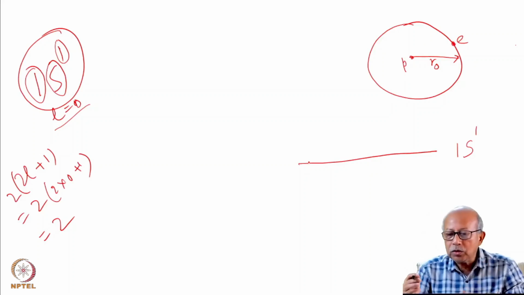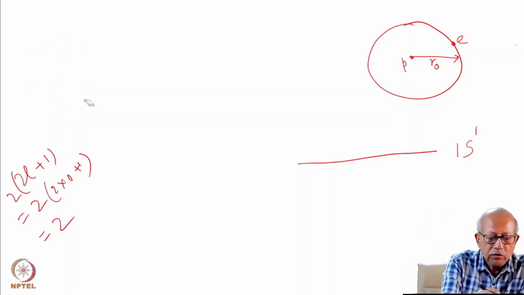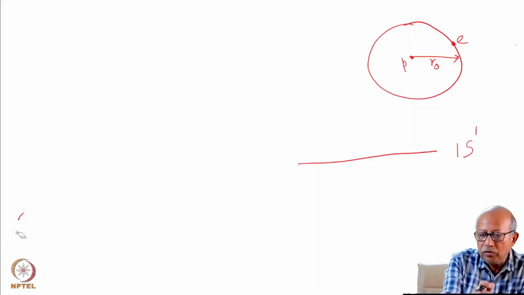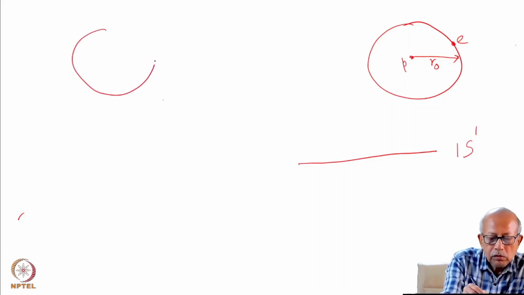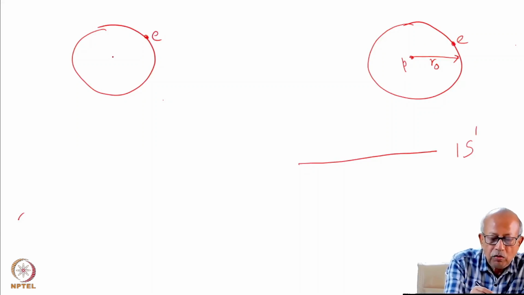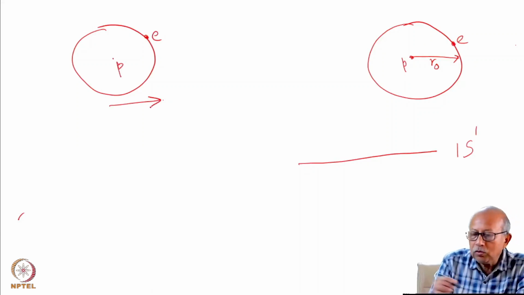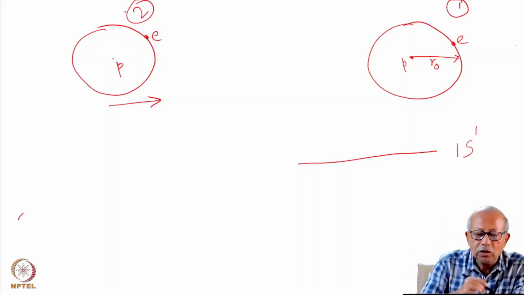Now we want to see what happens if we bring a second hydrogen atom. It also has its electron and proton, and we bring it closer to this first atom. This is my first atom, and this is the second hydrogen atom.